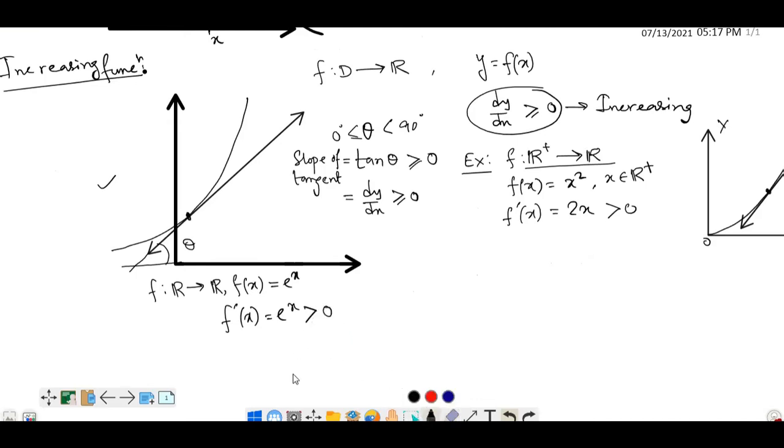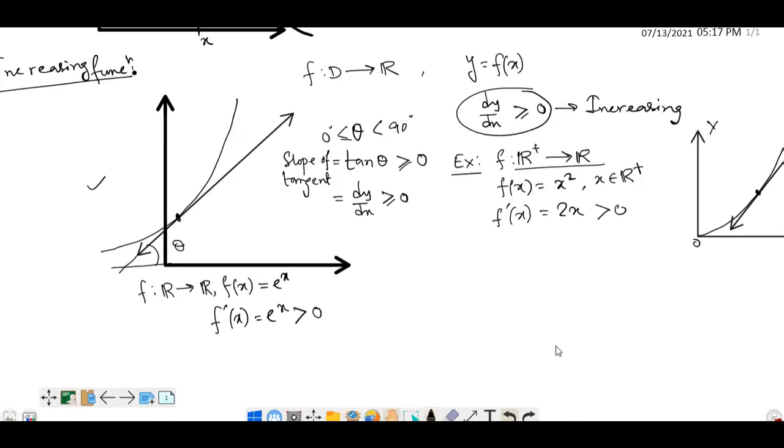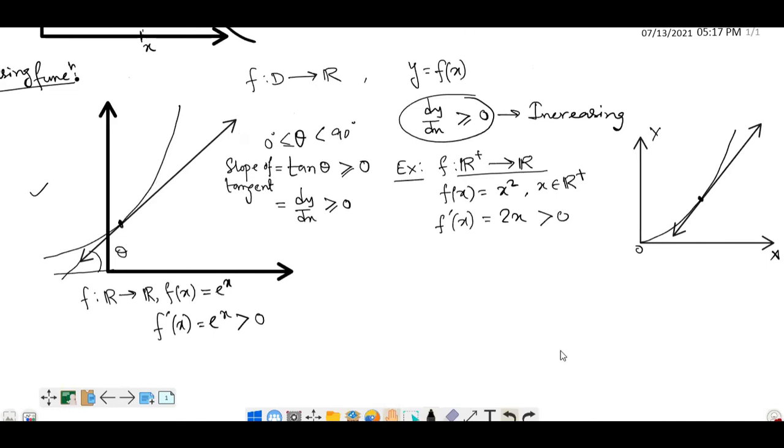It is strictly greater than 0. So you can see that the derivative is positive here, and we have already seen that the function e to the power x is a strictly increasing function, and this is verified from here. Okay, so this is the idea of strictly increasing and increasing functions using the geometrical significance of the derivative.